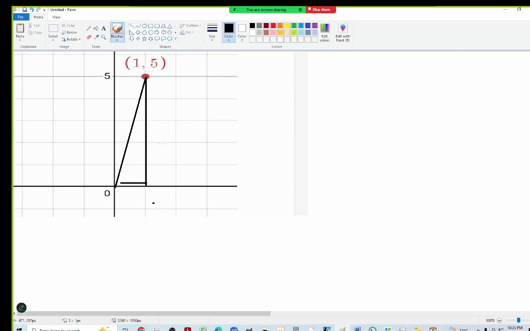Can you tell me the two sides of this triangle, based on this point? Yes, one side is 5, and the other is 1. Which means we can figure out this one using what theorem? Pythagoras theorem. I'm going to race through this because we've got an hour.